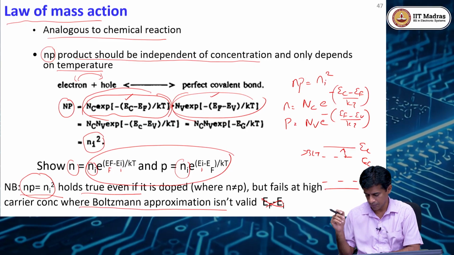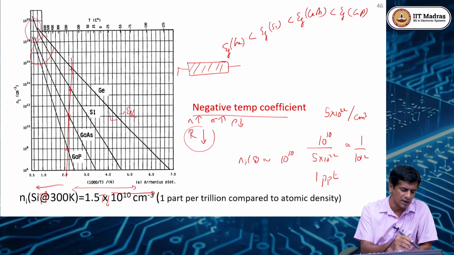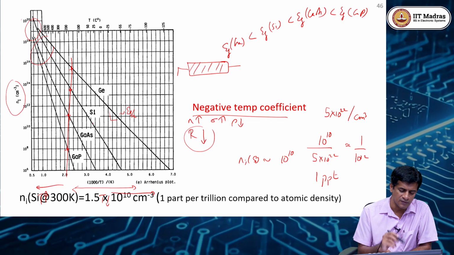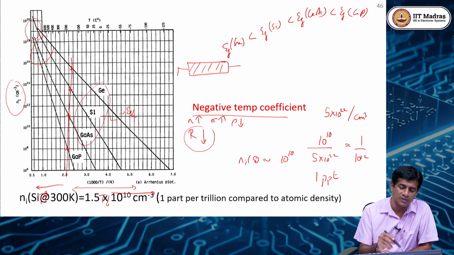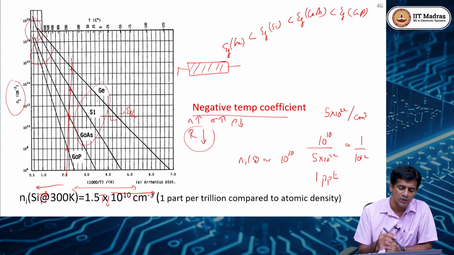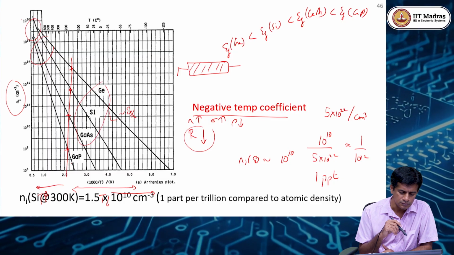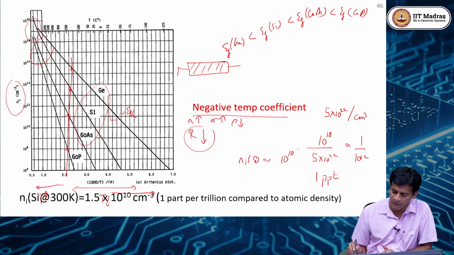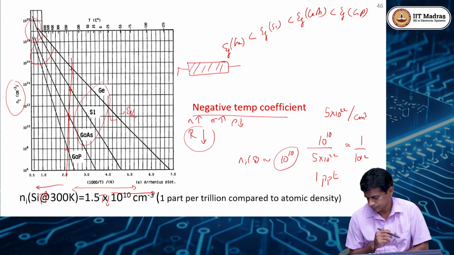And we calculated the electron and hole concentration at equilibrium as a function of temperature. Essentially, it depends upon the band gap. That is very important. As the band gap is large, you have a smaller number of electrons. This number is roughly around 10 to the power of 10 per cubic centimeter for silicon at room temperature.